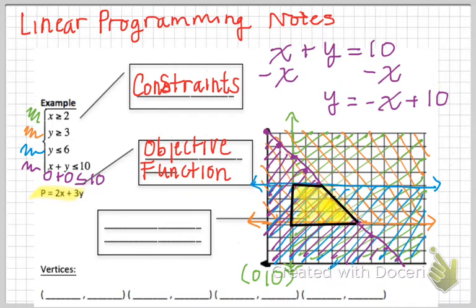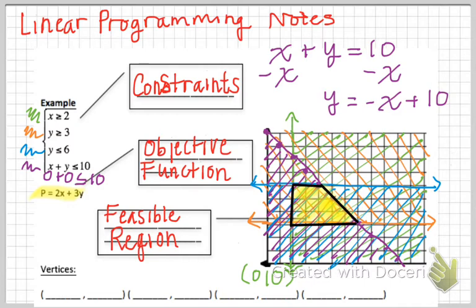Okay, so that is called the feasible region. Feasible means possible. So all of the possible x and y coordinates that satisfy our constraints fall within that region.